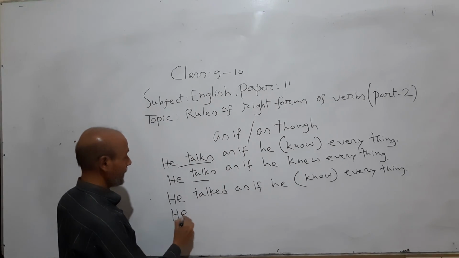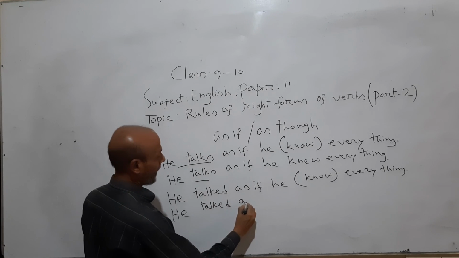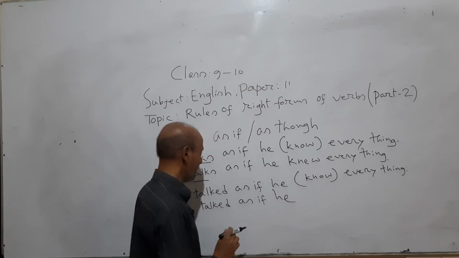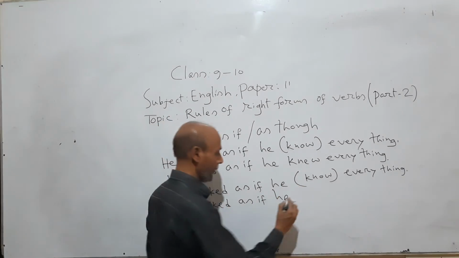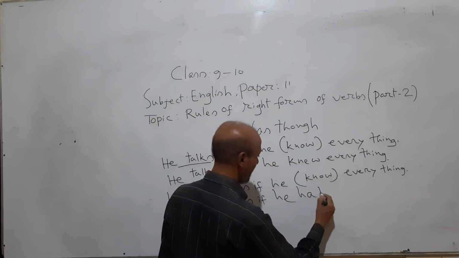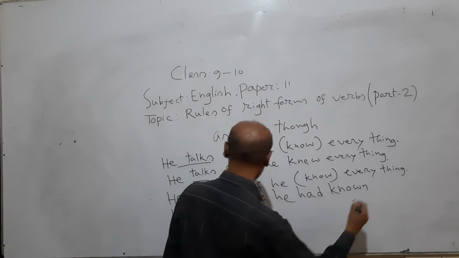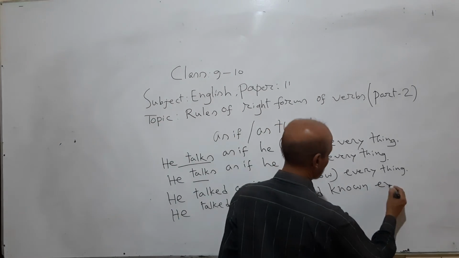You have to write: he talked as if he, this is past indefinite tense, so you have to write past perfect here. He had, past participle form. He had known everything.